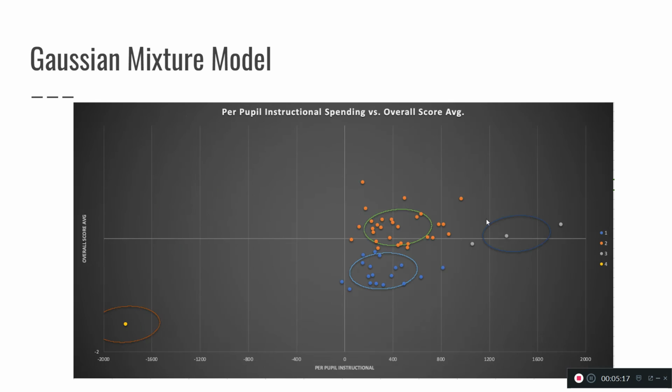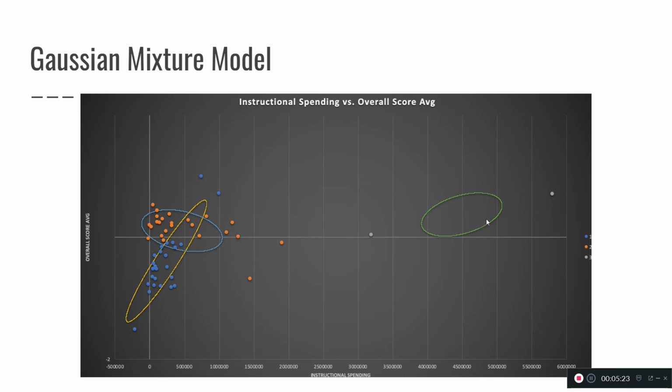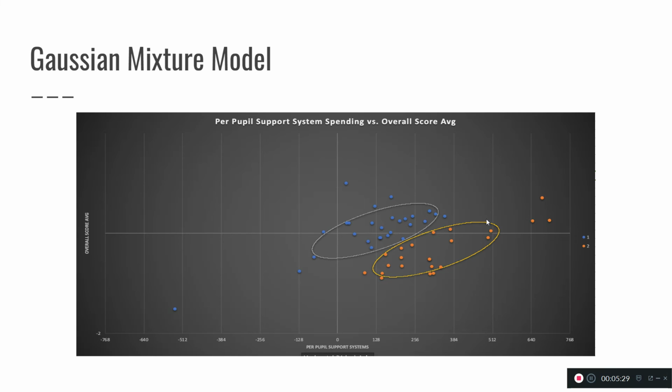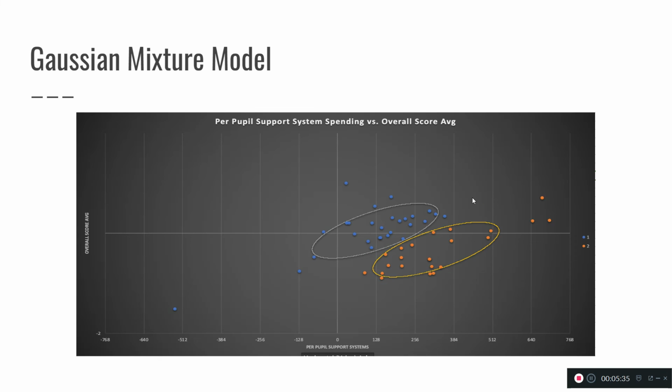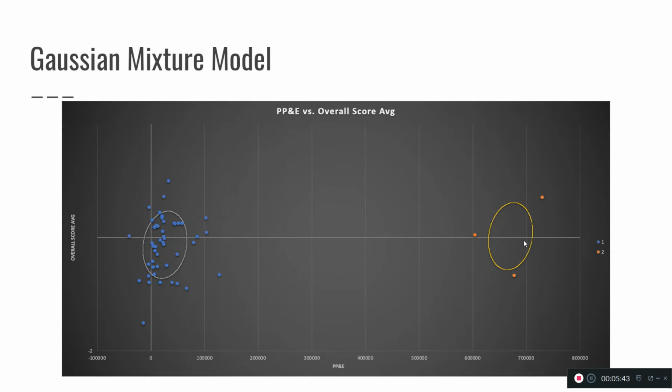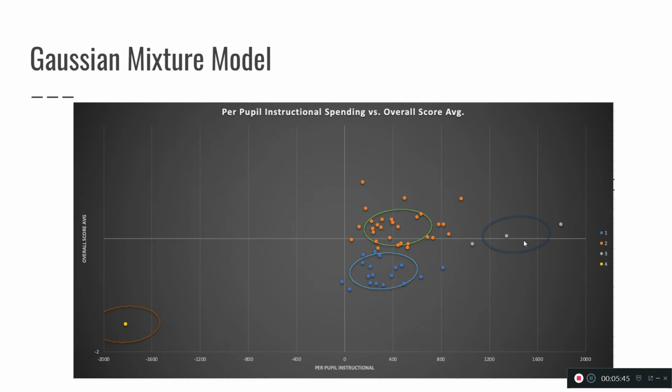So per pupil instructional spending seems to at least partially take out some of that big state versus small state split that we're seeing here. And finally, per pupil support system spending has a similar thing. So these two aspects, and three over here as well, are taking away that split that we see in these two Gaussian mixture models.